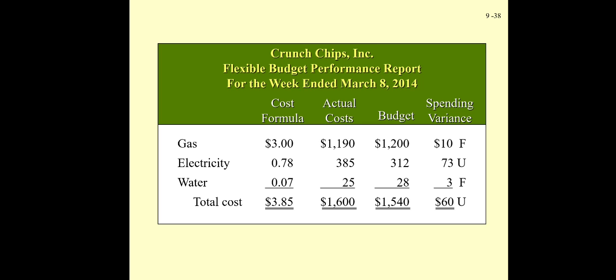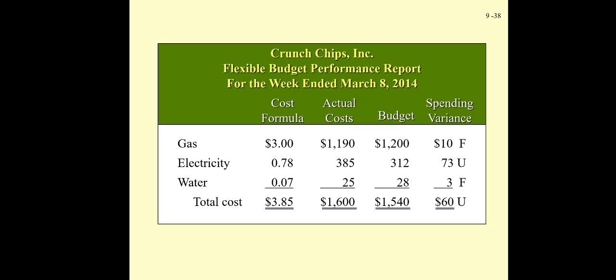And then you have to calculate two more data. First, the actual cost data. You have to show the actual cost data, and then you list the budgeted data, and the difference between the actual cost and the budgeted cost is called the variance.